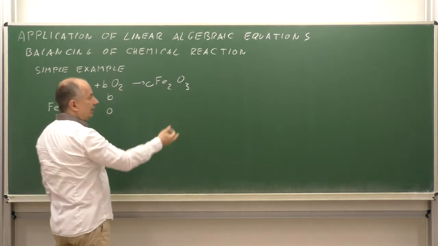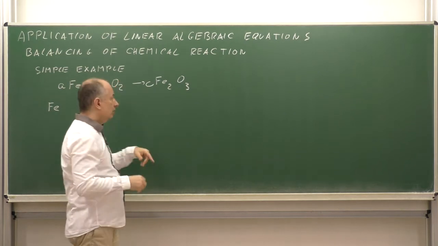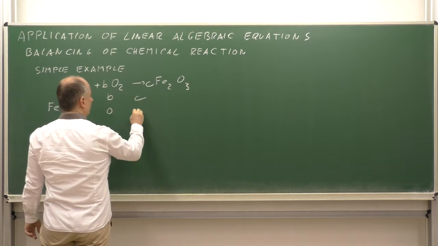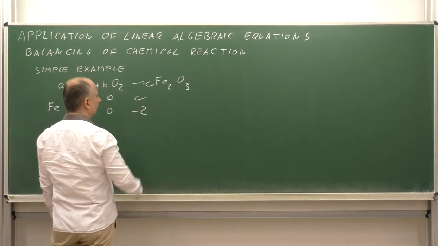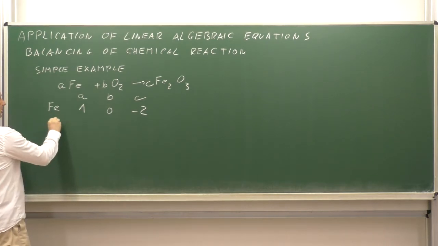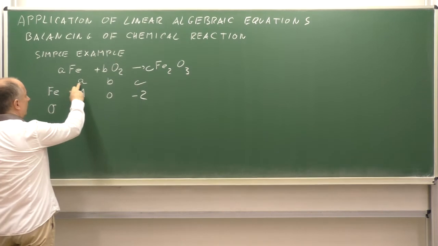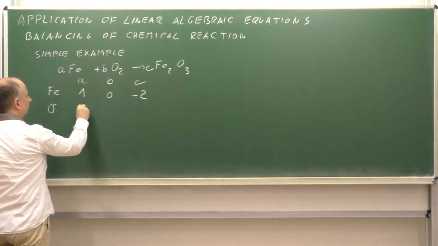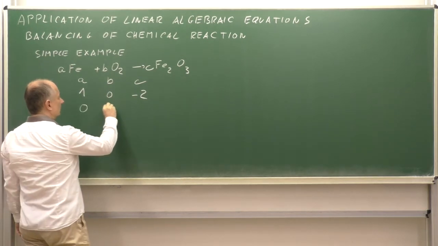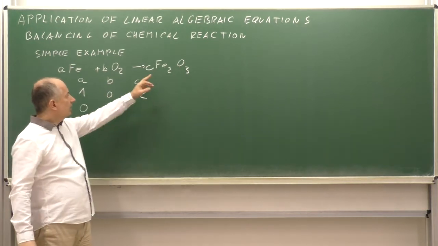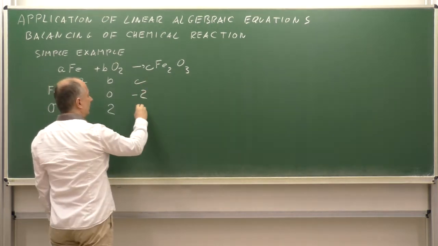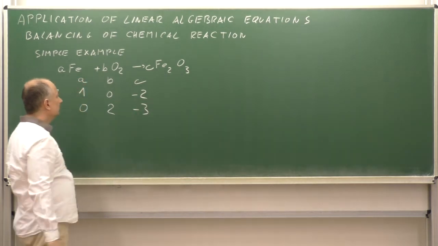But as it is on the right, that means in the opposite sign as it were on the left. So at C we have -2. And the oxygen atoms, no coefficient at A, 2B, and 3C with minus, so the coefficient at C is -3.